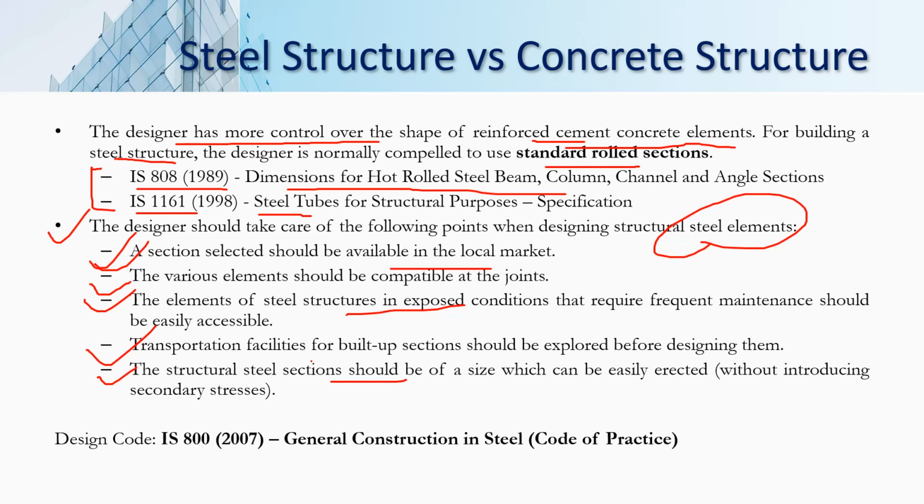So it's better not to design for very large cross-sectional sizes, in which case even erection or placing those structural elements becomes very difficult. We will learn about designing of steel structures in this course based on the Indian code, and the code that we will be using for designing is IS 800, which is the code of practice for general construction in steel.